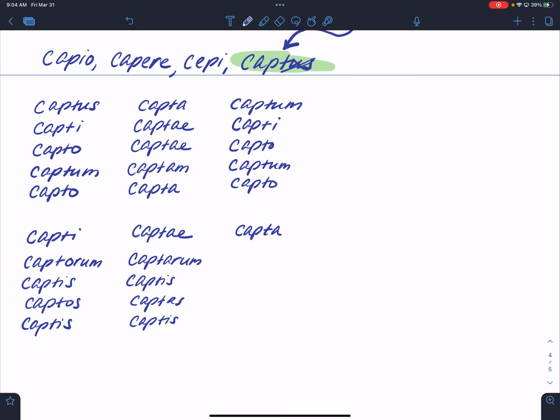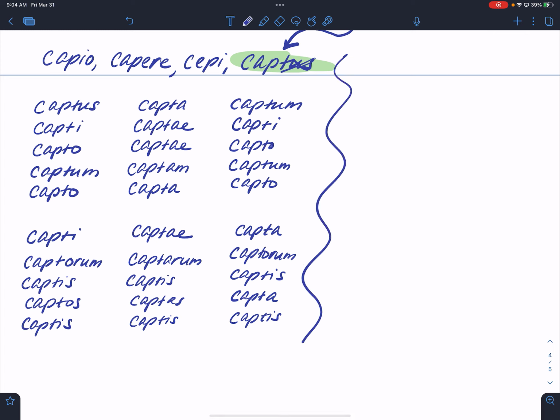Plural: capta, captorum, captis, capta, captis. Okay? Simple. Very, very simple. All right, some examples of PPPs that you might see.